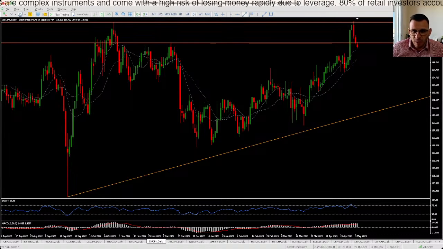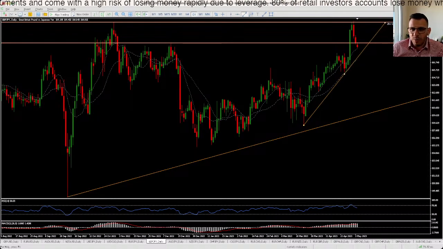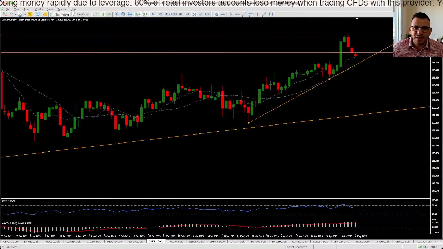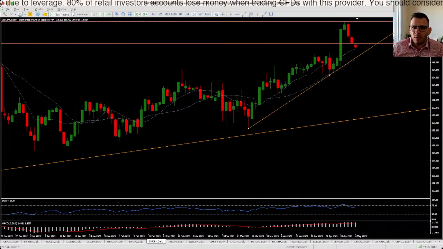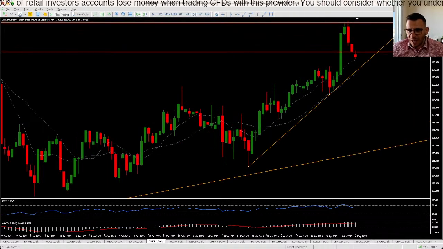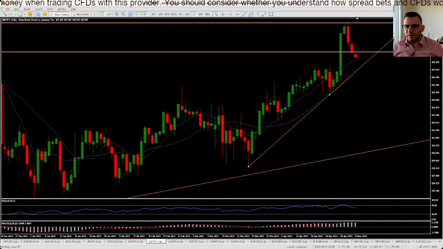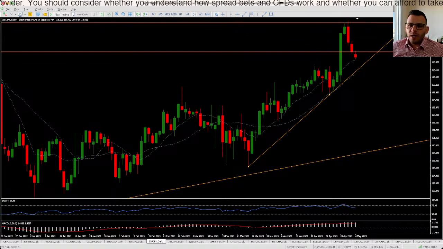Resistance and support are broken because trends have the tendency to continue, without saying that they cannot create reversals. Of course, reversals start from strong support and resistance areas.